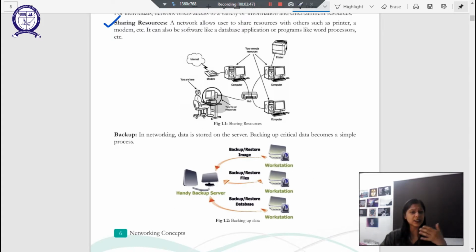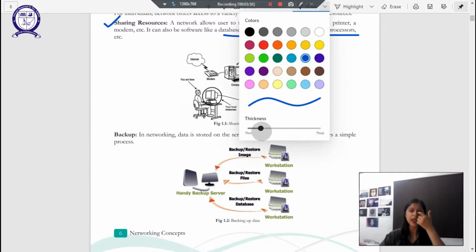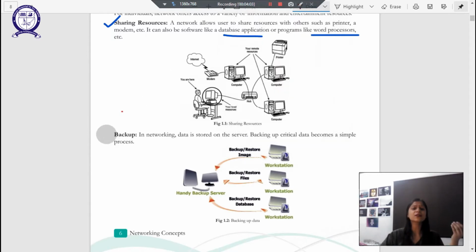And what other things can be done? The server can have the softwares, database applications or programs like a word processor. So the software will not have to be installed in each computer, but it can be shared through the server.